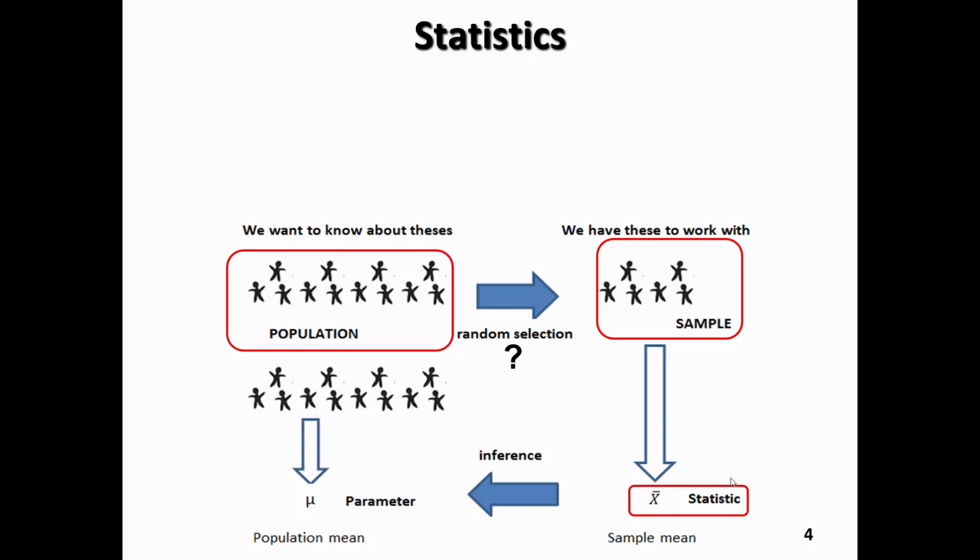Now, once we calculate a range of different statistics, the sample mean is just one descriptive statistic we can generate. We then use that in an inferential manner. In other words, we then infer the results from our sample back to the population.